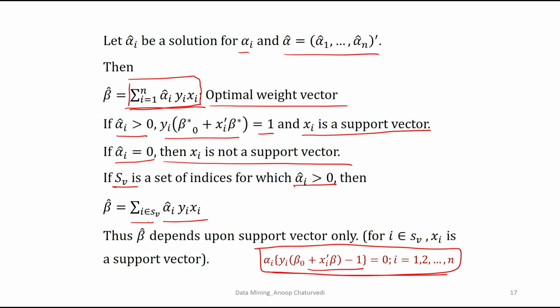We have to consider only those values of i which belong to SV, that is the set of indices for which alpha i hat is greater than 0. Therefore, beta hat depends upon support vectors only.